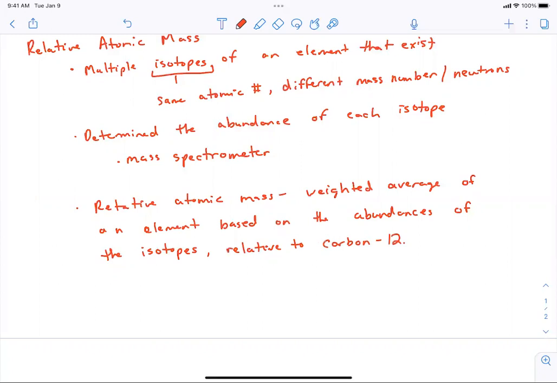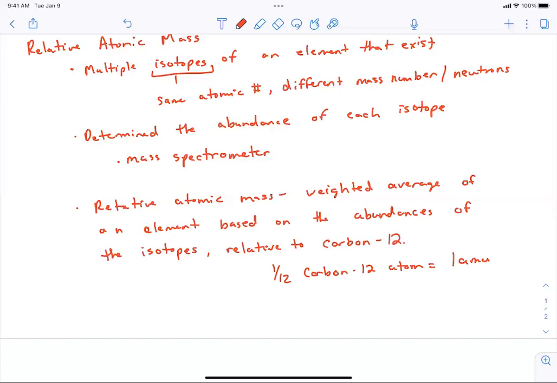carbon 12. So carbon 12 is our baseline for masses. So when scientists were trying to figure out, okay, what's an atomic mass unit, they used 1/12 of a carbon atom to equal one atomic mass unit. Okay, so because a carbon has 6 protons and 6 neutrons, and it's fairly easy to measure, they said, okay, well, whatever mass of a carbon atom there is, then we divide it by 12, and that equals the same as a proton and a neutron.